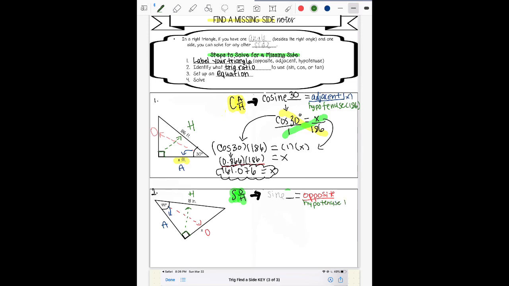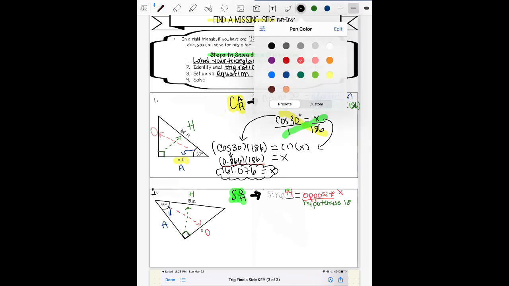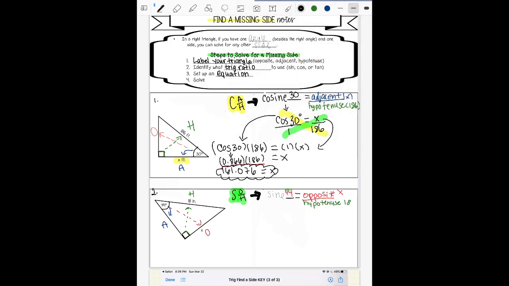And we just labeled our hypotenuse as 18 and our opposite as x. And then we know that the degrees is 44. So I'm going to write it nicer here at the bottom. We're going to have the sine, and again, I'm just going to abbreviate it. The sine of 44 degrees equals x over 18.